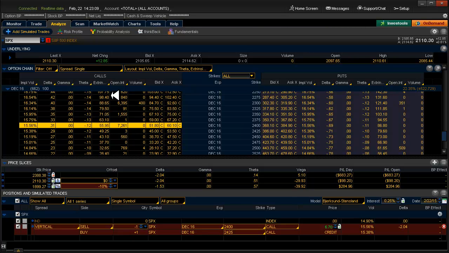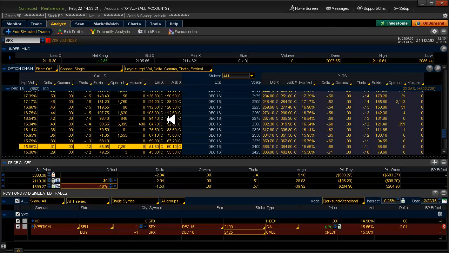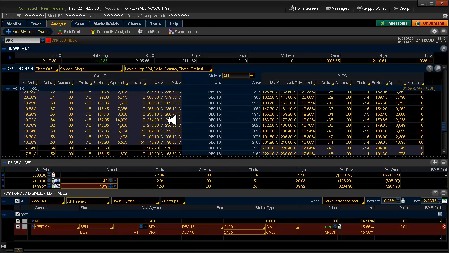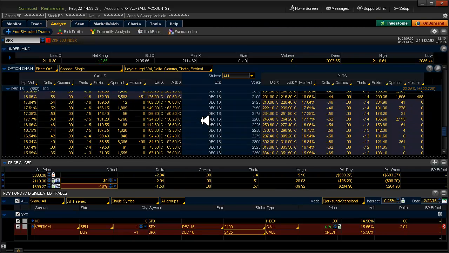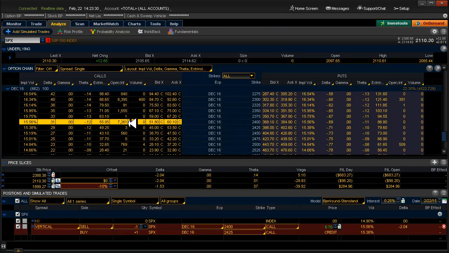So what I did was I looked here and I said, okay, who's most interested in what on this particular expiration date? And I looked down this column, open interest, and scrolled up and down, and actually outside of some in the money stuff here, the only thing that pops at me is this 2400 price level.